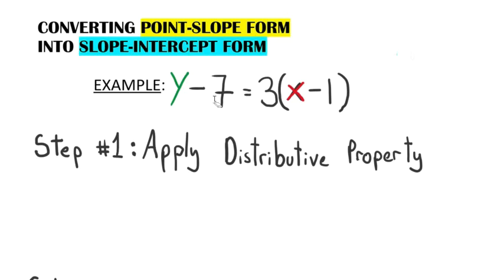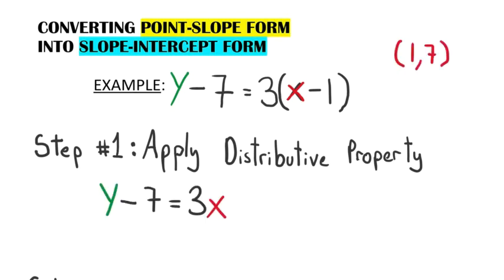In the brackets, we have 3 times x minus 1. So we're going to do 3 times x and 3 times negative 1. Let's see what we get. 3 times x is 3x, and 3 times negative 1 is negative 3. Okay, good. We have done step 1 of applying the distributive property towards the bracket.